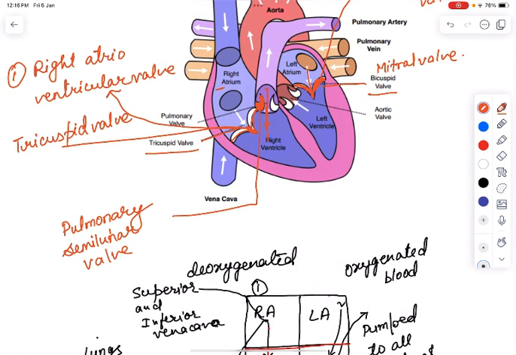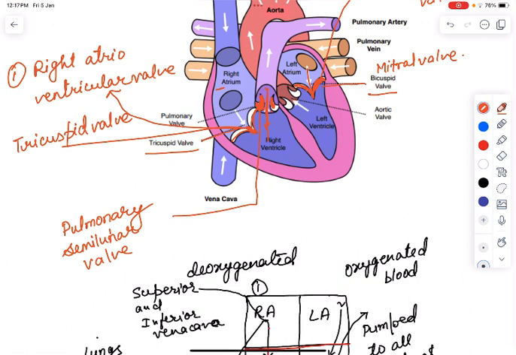When the blood is moving, it will open and close so that there is no backflow of blood. That's why this valve is present, and this is pulmonary semilunar valve. It is present between the right ventricle and the pulmonary artery, and the cusps are pocket shaped and 3 in number. Now the fourth one is aortic semilunar valve.